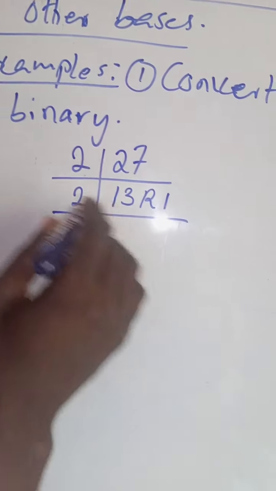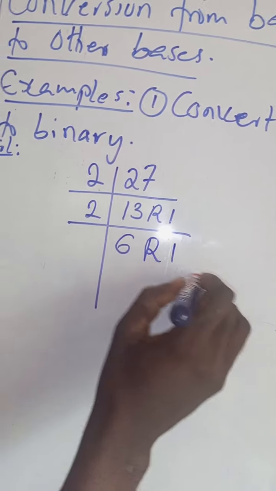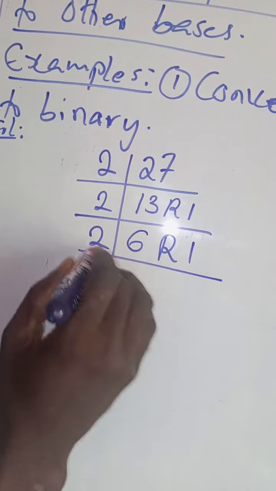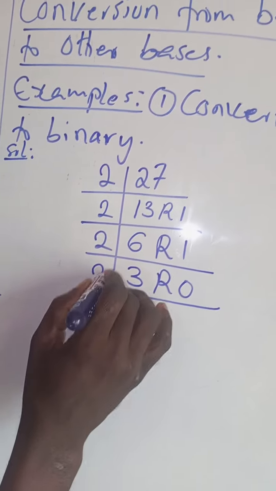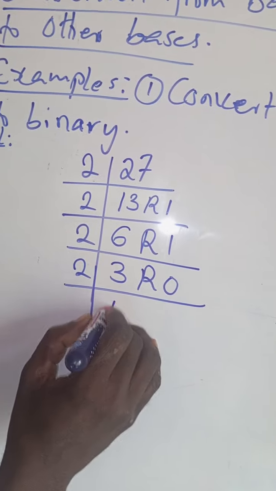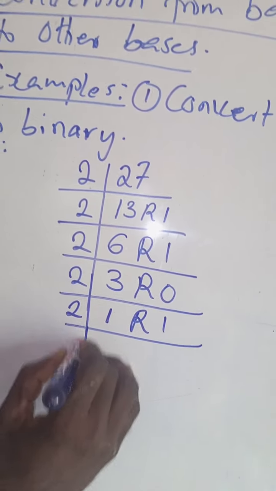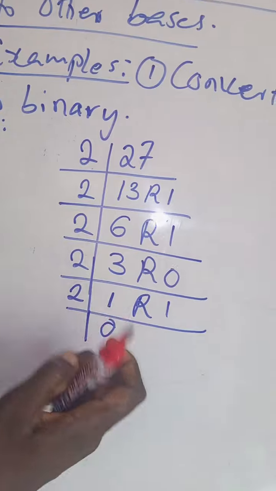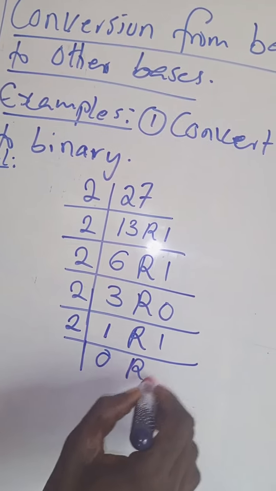So we continue to use 2. This gives me 6, and it has remainder 1. 2 in 6 is 3, remainder 0. 2 in 3 is 1, remainder 1. And 2 in 1, of course, is impossible. So you have to write down the last thing here, which is 1.